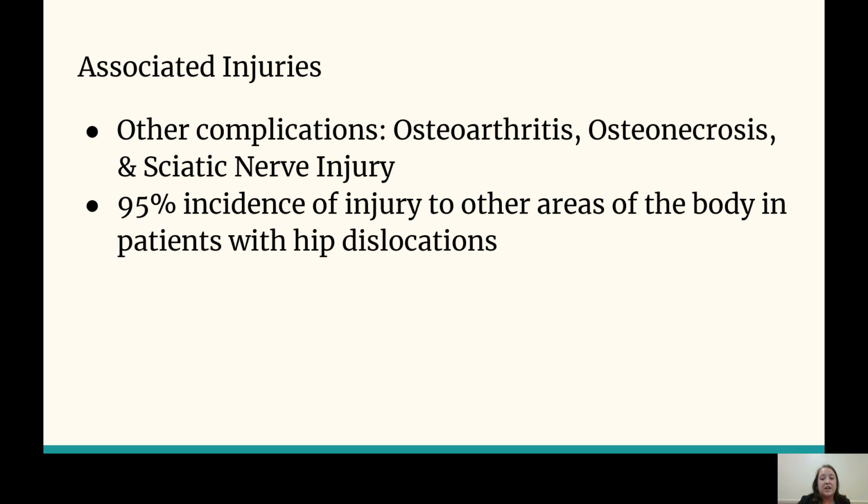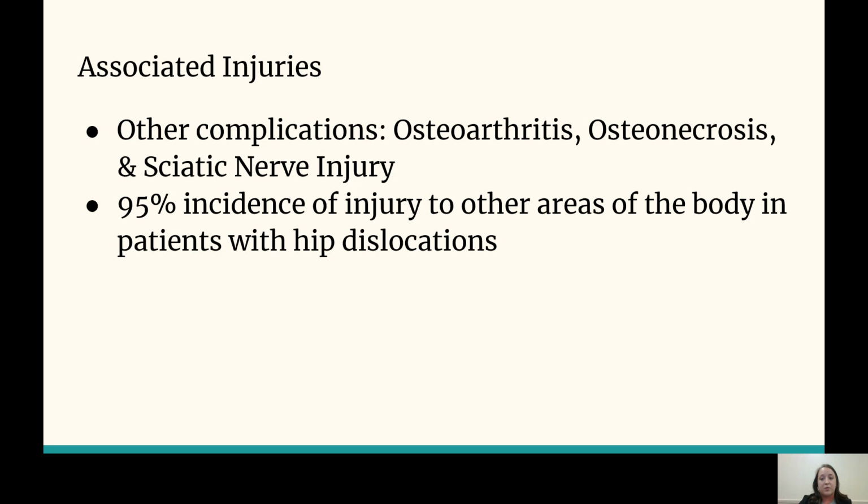There is a 95% incidence of injury to other areas of the body in patients with dislocations. Acetabular fractures were seen in 70% of patients with traumatic hip dislocations, other lower extremity fractures in 23% of patients, upper extremity fractures in 21%, closed-head injuries in 24%, thoracic injuries in 21%, and abdominal injuries in 15%.